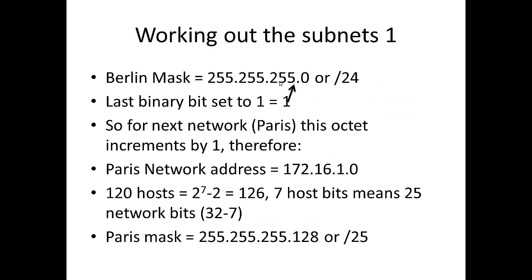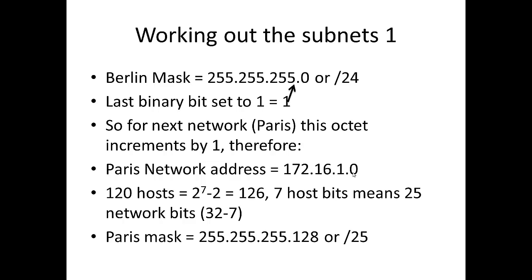Here we have it again. The last binary bit is set to 1 here, and this becomes a 1. What that means is the network address increments by 1. So the Paris network address is 172.16.1.0.